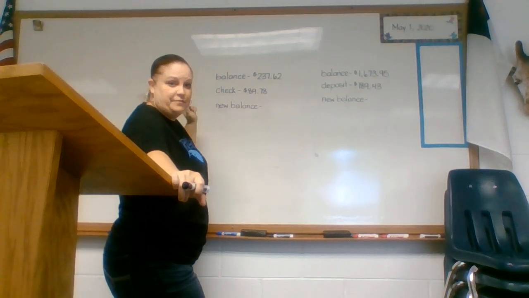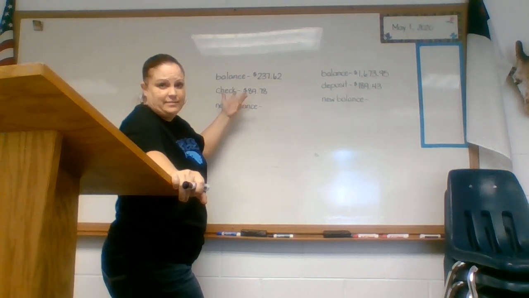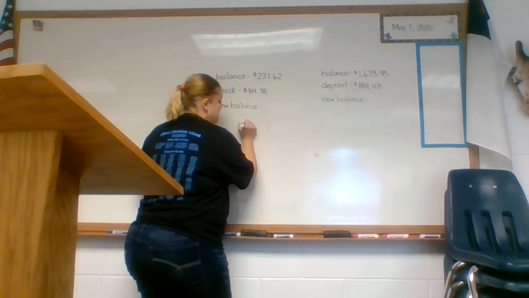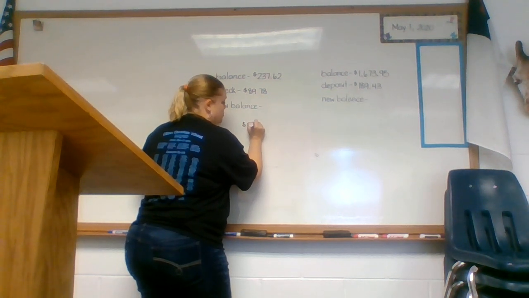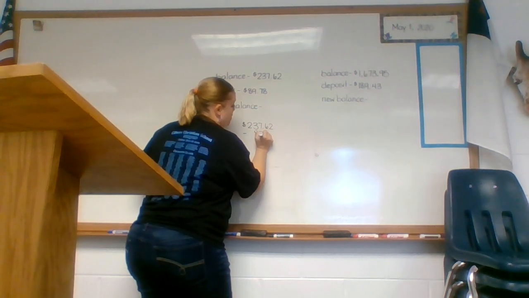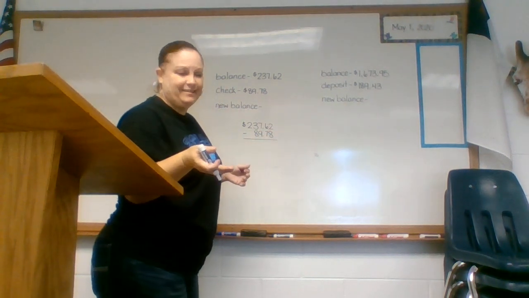All right, so for example, if your balance is $237.62, that's the money that's available in your account, and you wrote a check for $89.78. You're to find the new balance. That's easy because whenever you write a check, you're paying money out. And of course, with money, we always keep the decimal points lined up when we are subtracting and adding.